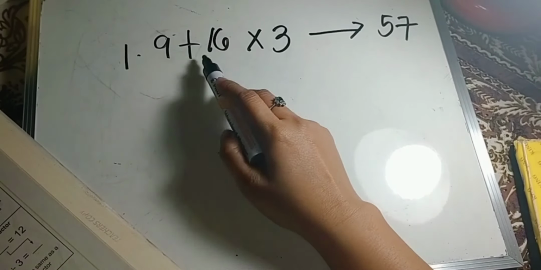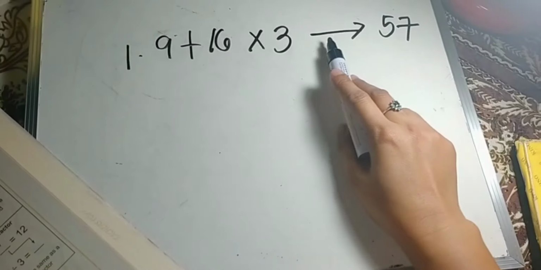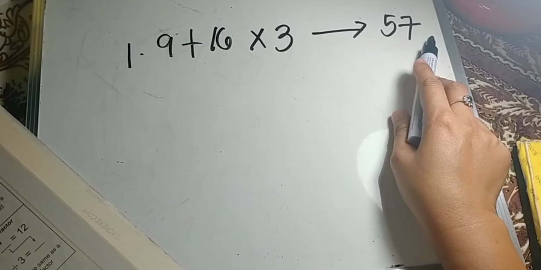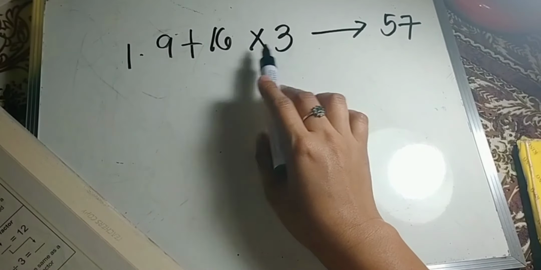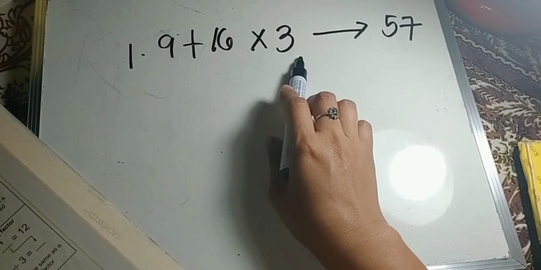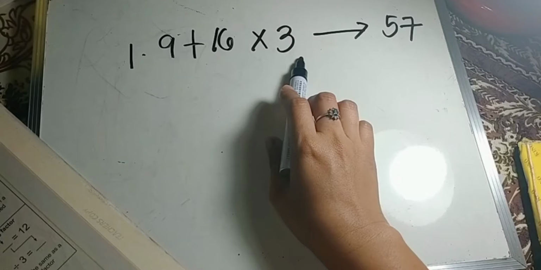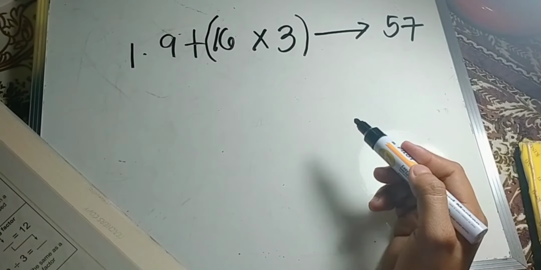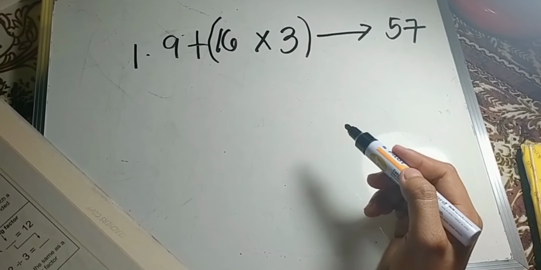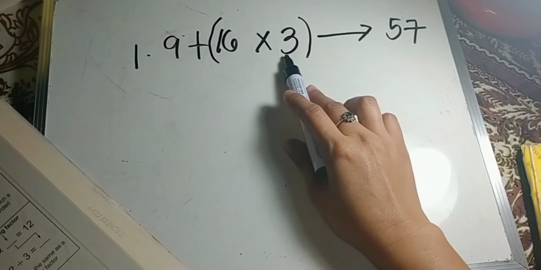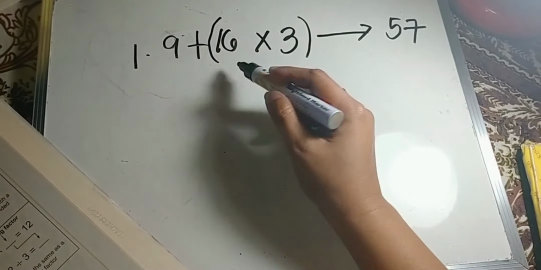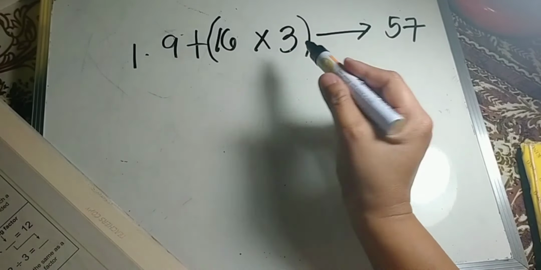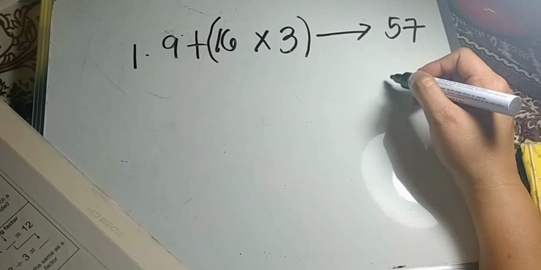Okay, so 9 plus 16 times 3, the answer is 57. So, ano ang grouping symbols or nasaan ang grouping symbols? Saan natin dapat ilalagay? Okay, kung ilalagay ba natin dito kay 16 times 3 ang grouping symbols, correct po kaya? Tama po kaya na makukuha nating sagot ay 57? Check natin. 16 times 3 is, solve natin.